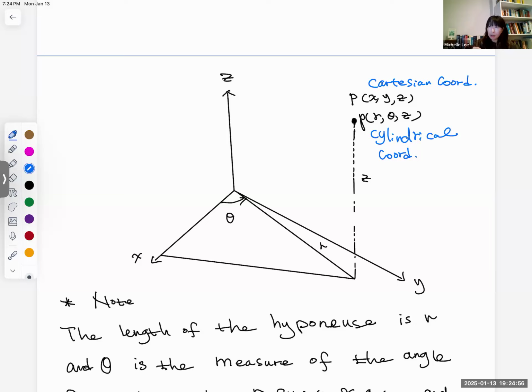So they say that the r, theta, or polar coordinate of the point's projection in the xy plane, the xy plane projection, right? And then we use the same z as in Cartesian.